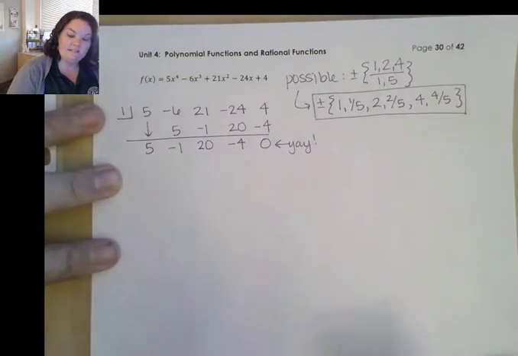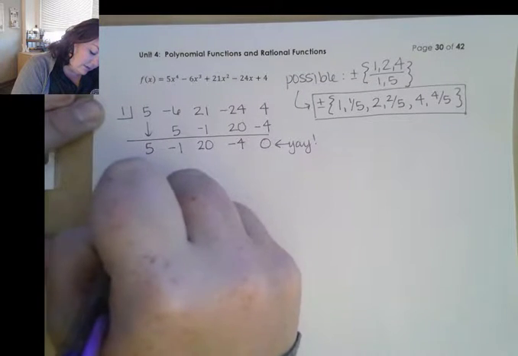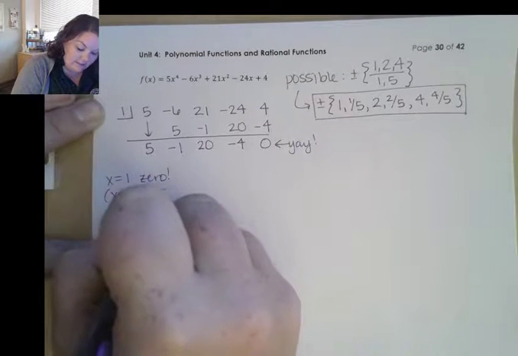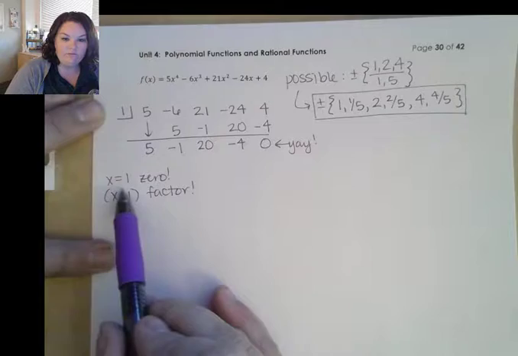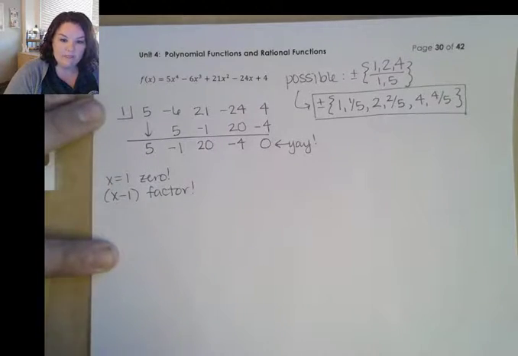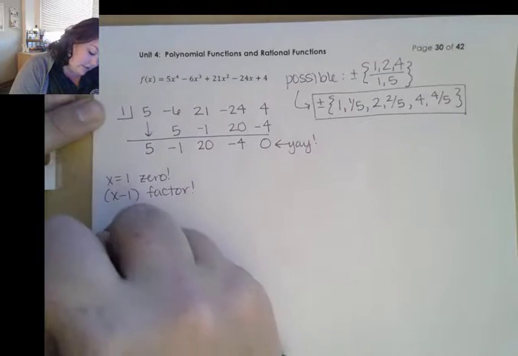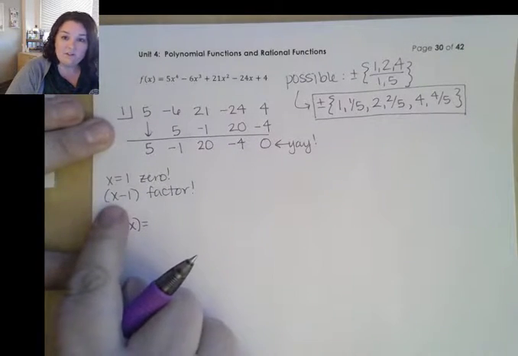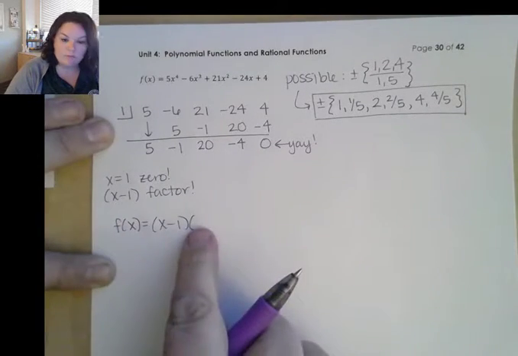Yay. So what this tells me is that x equals 1 is a zero, and that x minus 1 is a factor, right? Because I just take my zero and move it back across the equal sign. Okay, so I'm going to go ahead and rewrite this a little bit factored. So now we can say that f of x is equal to this new factor that we just found, which is x minus 1, times the remaining factor.